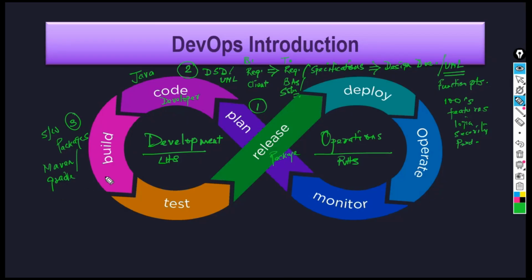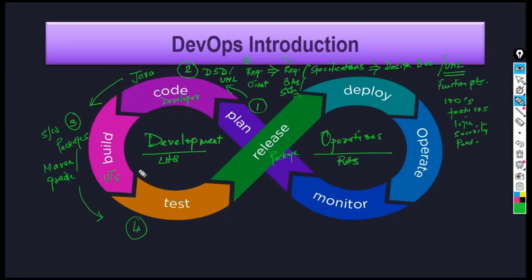After this has been built into some target packages, these packages will be delivered to, see, we are following some cycle, isn't it? So it will come to the testing team. Here there can be some unit testing, UTs.